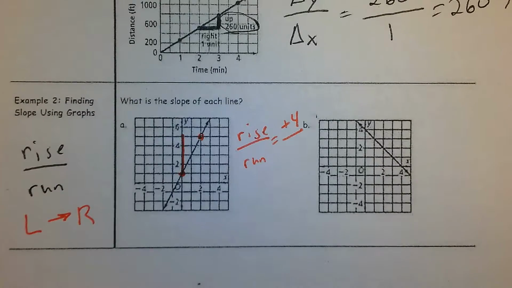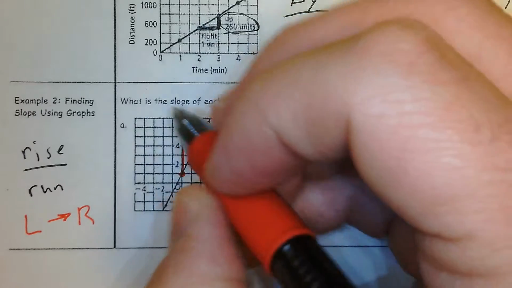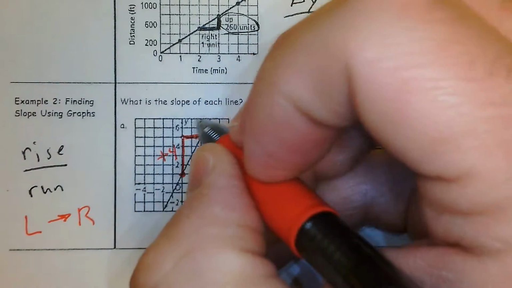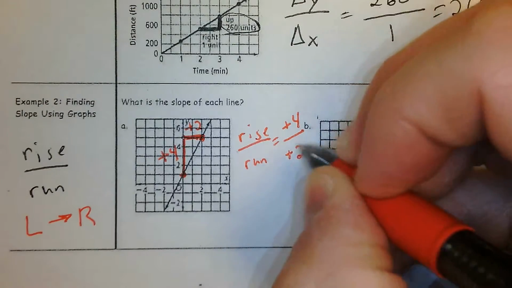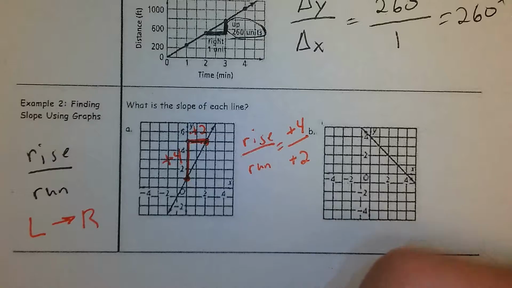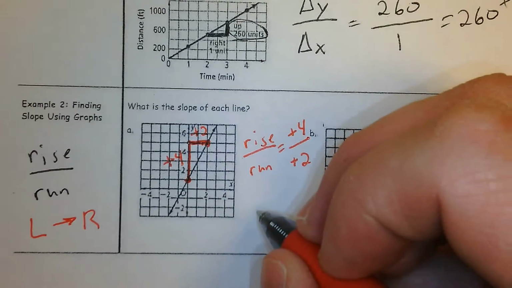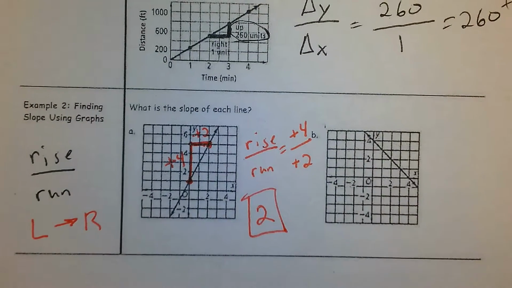When I go up, it's positive. And then I go right 1, 2 times. So it's positive 4 and then positive 2. So then my rise over my run would be 4 divided by 2. Hopefully we can do the math on this. Would just be 2. So the slope of that one is 2.